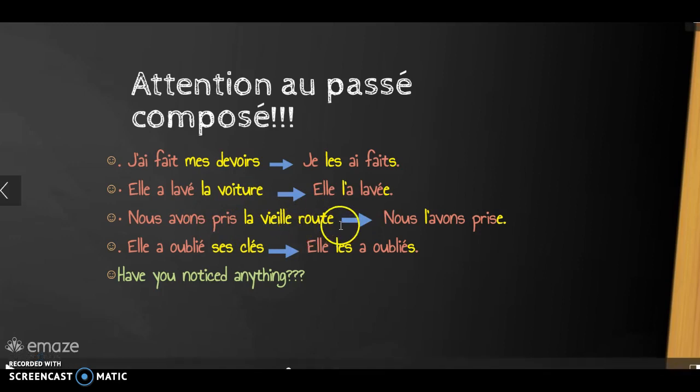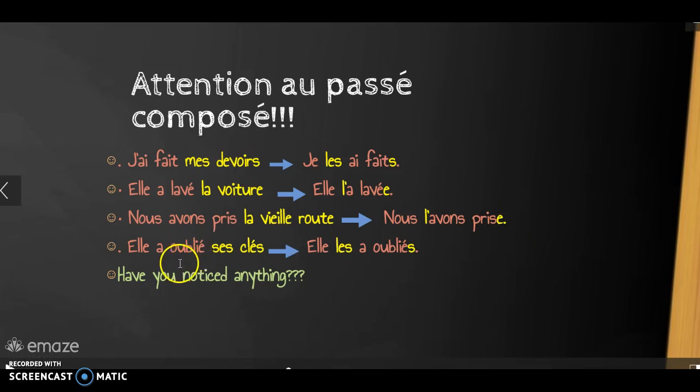We took the old road. I have replaced la vieille route with la, but I have again a verb that starts with vowel, so I'm using apostrophe L. And prise takes an E because this past participle has to agree with this, which happens to be a feminine noun. Donc I have to add an E, prise.